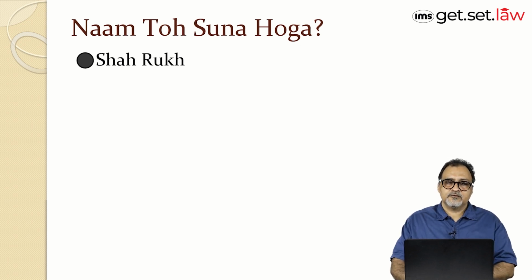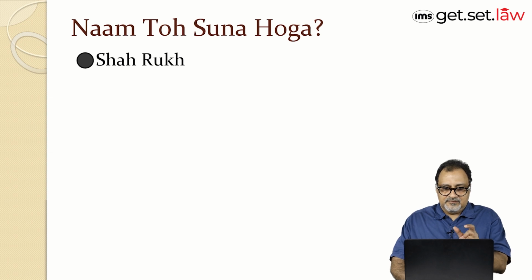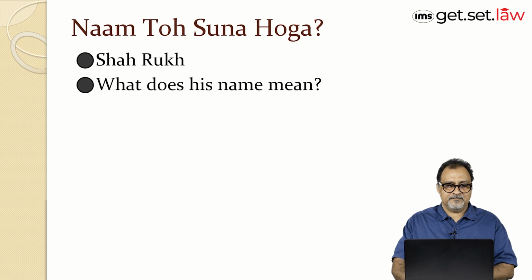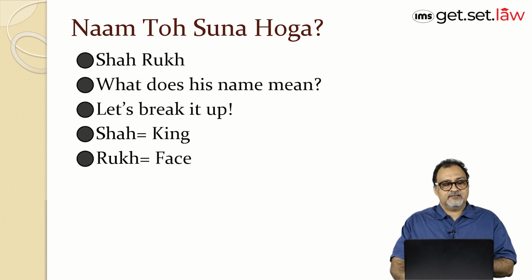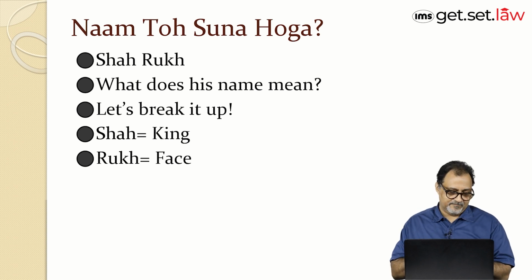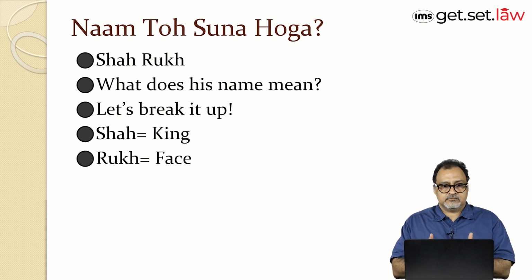Okay. So if we look at this, the two words that comprise his name, let's break it up. Shah means king, so the Shah of Iran and so on. Okay. And Rukh actually has 3 meanings. One is direction, one is tree, and the third one is face.